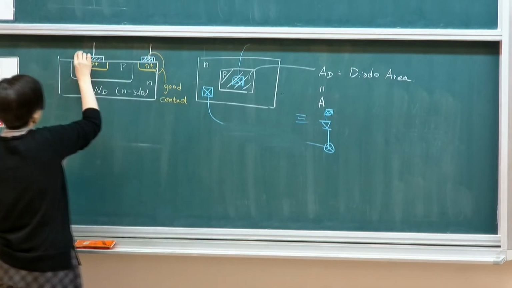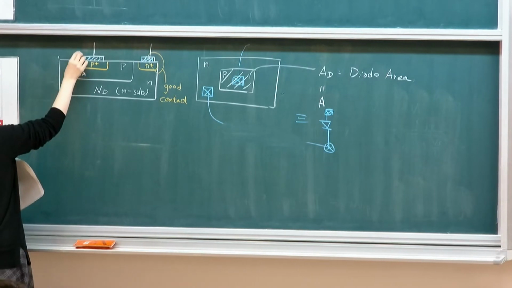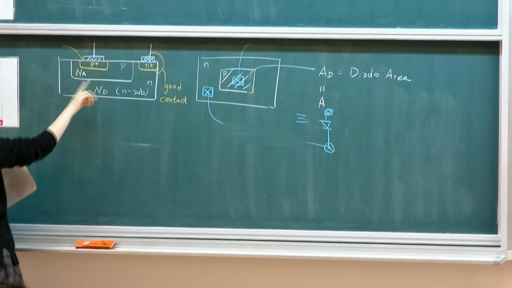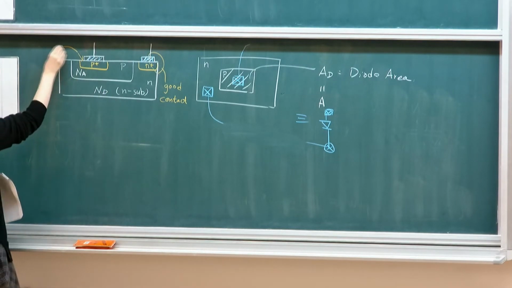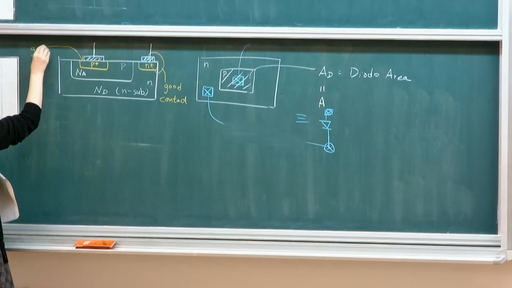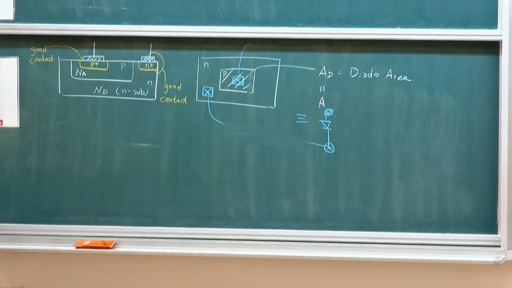The real cross-section should look like this. Otherwise, you won't be able to get the real characteristic of a junction. So you actually have a heavily doped structure under the metal to make a good contact.